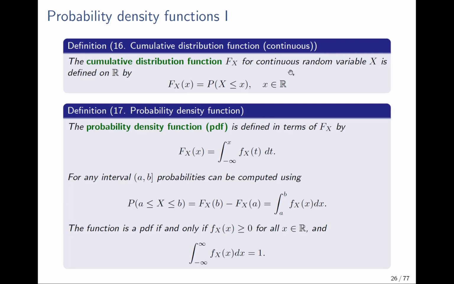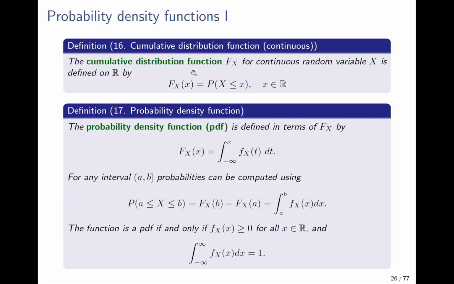The cumulative distribution function, large F x for random variable x, is defined on the real line by this expression here. So the cumulative distribution function is telling us the probability that random variable x takes a value less than or equal to small x, so some specific value that we can choose. That's the cumulative distribution function.